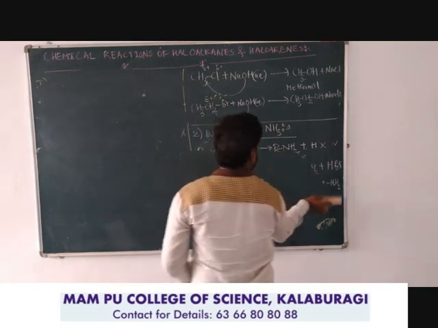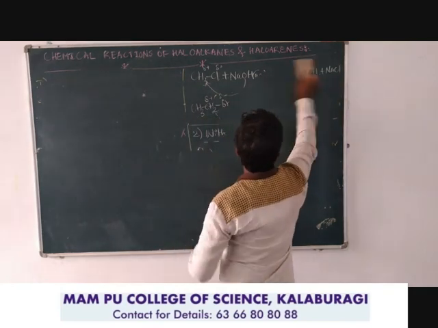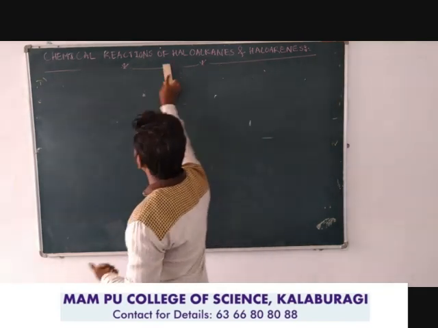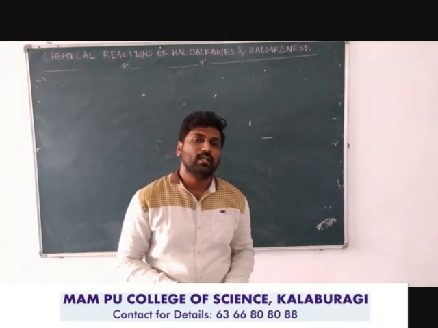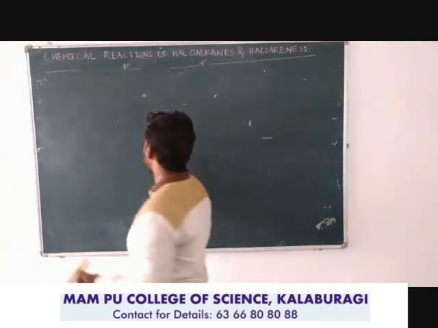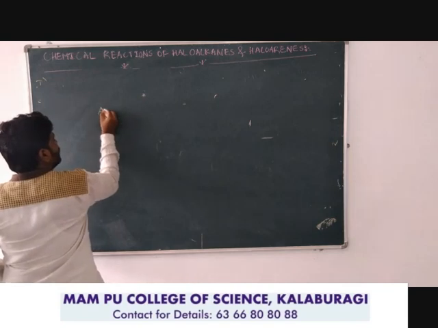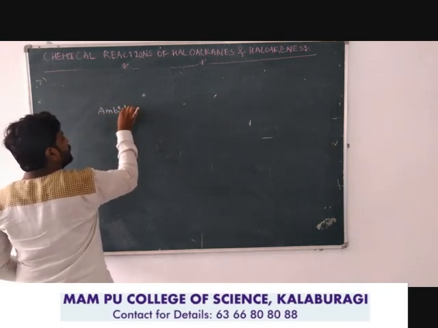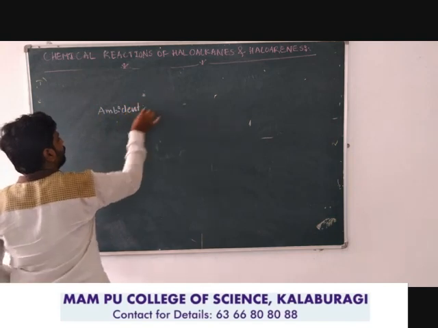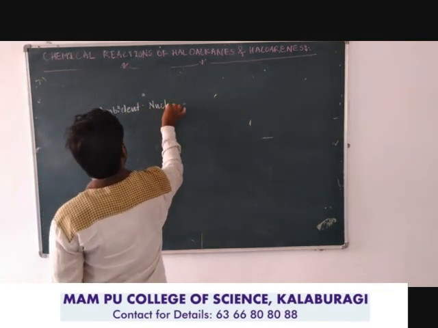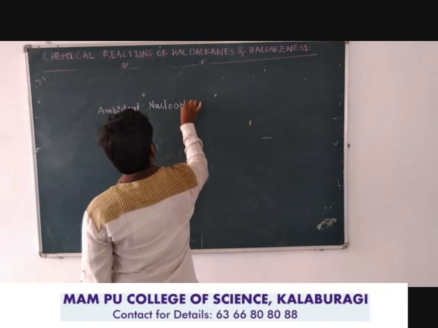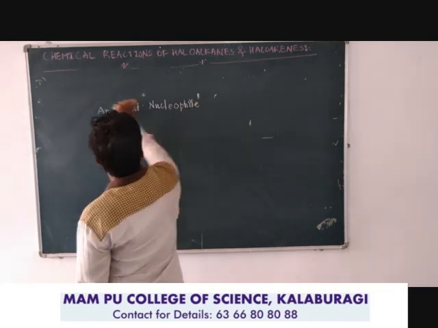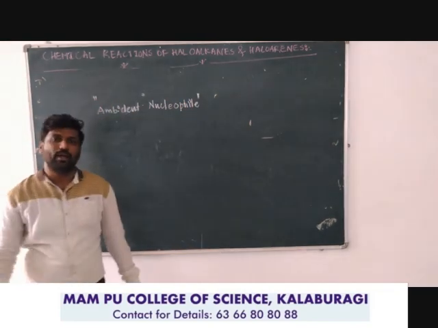I will rub this one completely. Later we will go on to the further reagents and see how they undergo nucleophilic substitution. See here, one small topic you must understand before the further reagents: in nucleophilic substitution reactions, that small concept is the ambident nucleophile.